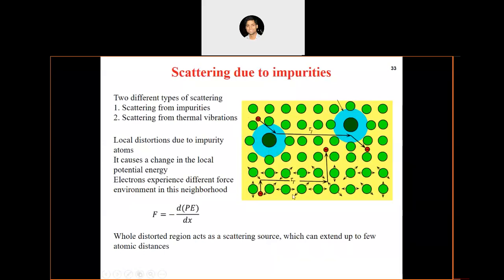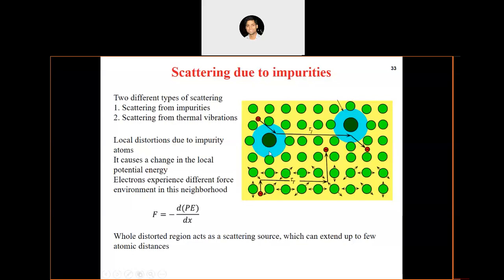Then we have some concentration of atoms of another element, which are substituting at certain sites these host atoms. So what will happen in this case? Of course, there will still be scattering because of the thermal vibrations, but in addition we will have scattering from these impurities also.